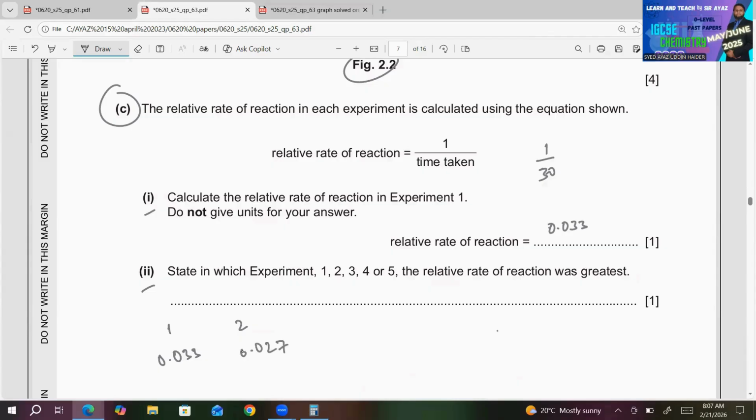In the same way, for experiment 3, you need to divide 1 by 49. You will get 0.0204. For experiment 4, 1 divided by 59 will get 0.016. For experiment 5, you will get 1 divided by 73, 0.013. So they are saying the rate of reaction was greatest. Definitely it's experiment 1. So you'll write experiment 1 here.